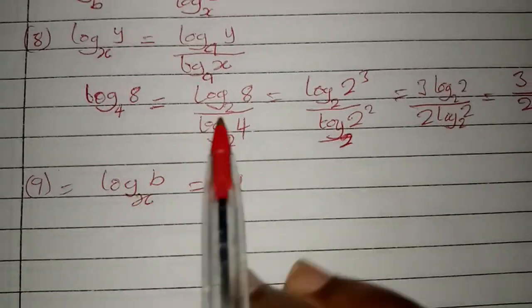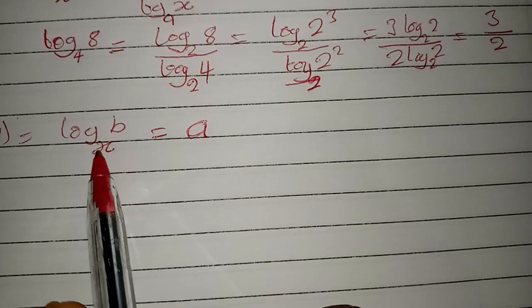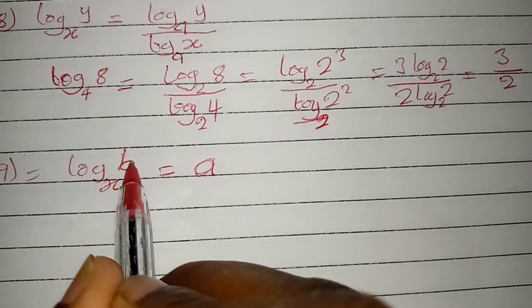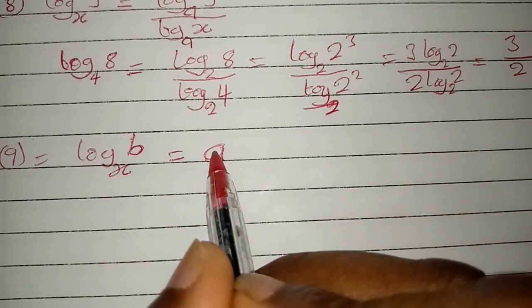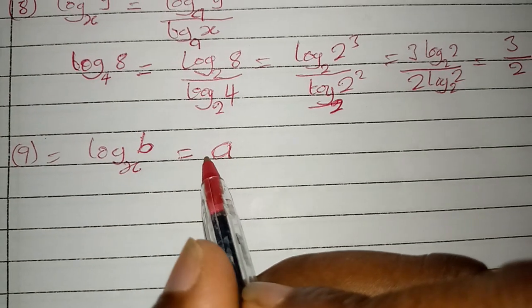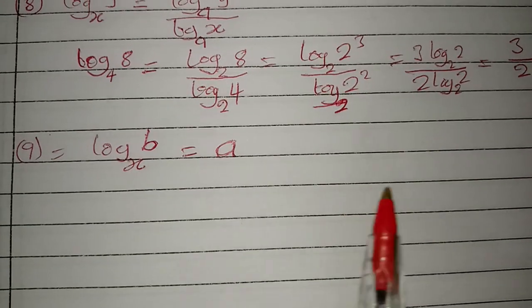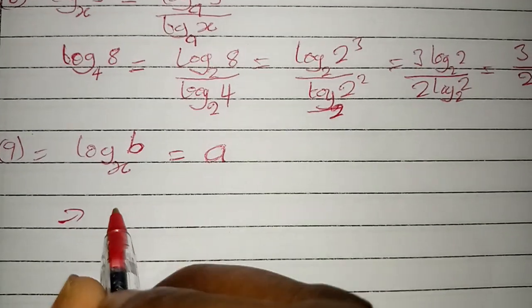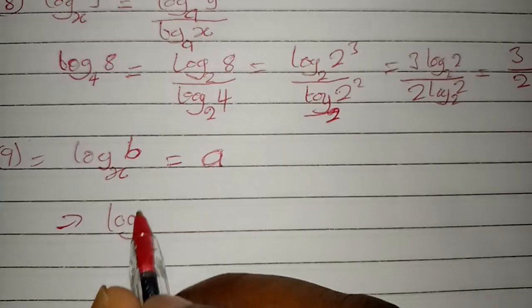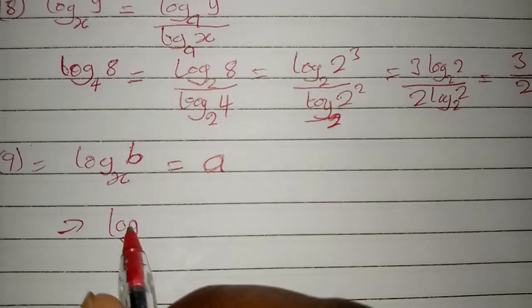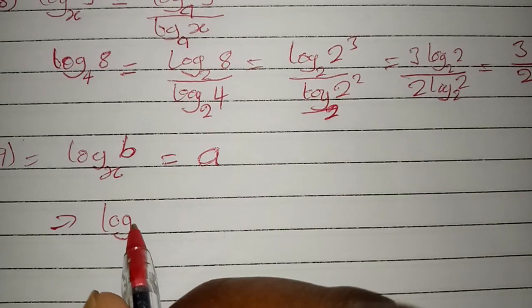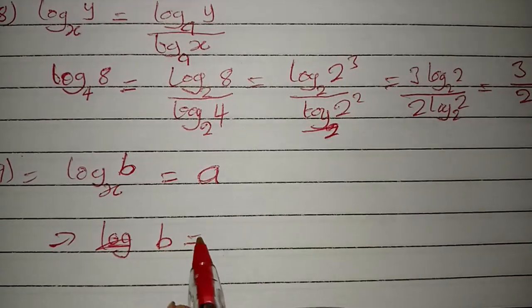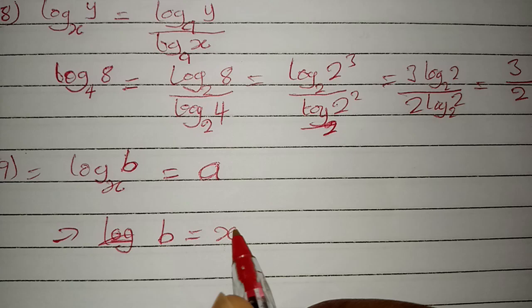So if you have a question in this form, which says log of a number to a certain base equal to a number, then it simply means that you can take the antilog of that. If you take the antilog of this, the log here will vanish.